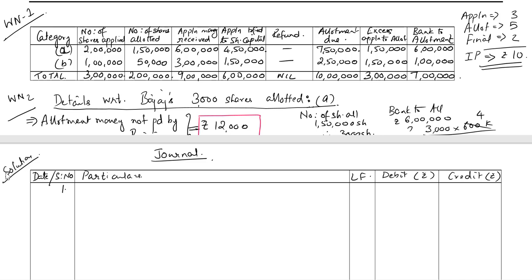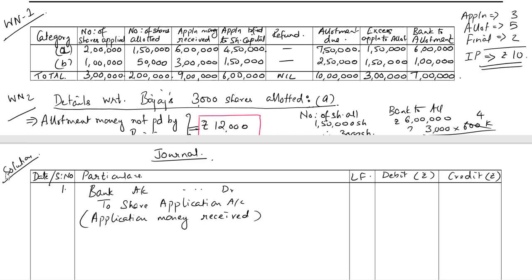The first entry is for the application money received: bank account debit, to share application account, for the application money received. The amount received is the total of the fourth column, rupees 9 lakh.